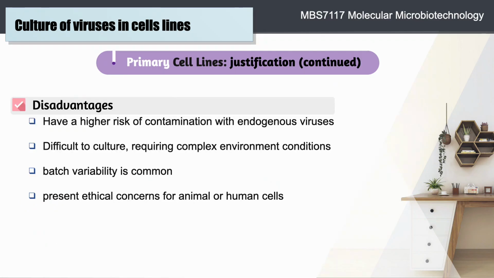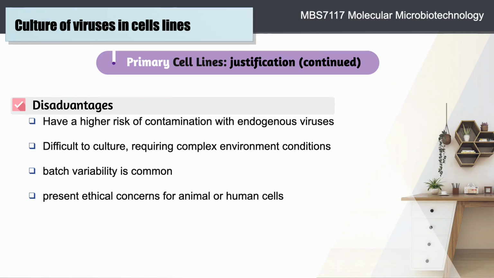We're still continuing with the justification of the primary cell lines. We realize that to every advantage there's also a disadvantage. So the disadvantages are such: they have a higher risk of contamination with endogenous viruses.